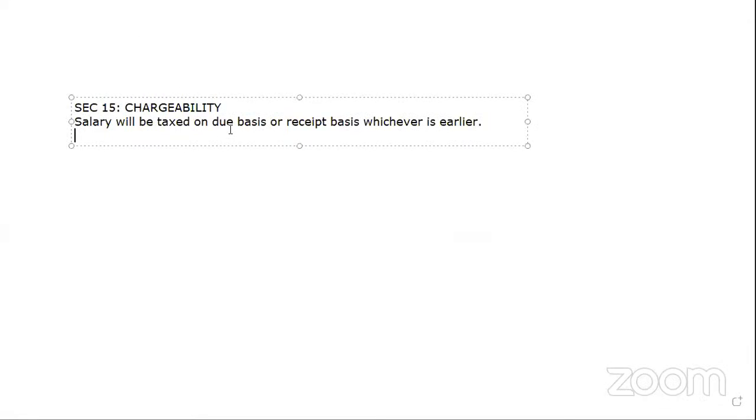Chargeability, we'll take an example. The PY applicable to us is going to be PY 2021-22. We'll continue with our example. It has got 12 months. Okay.